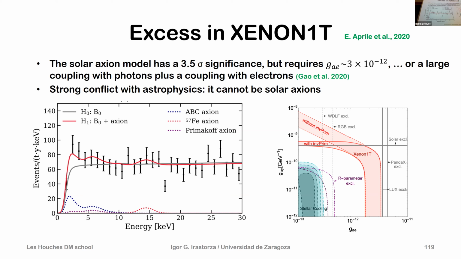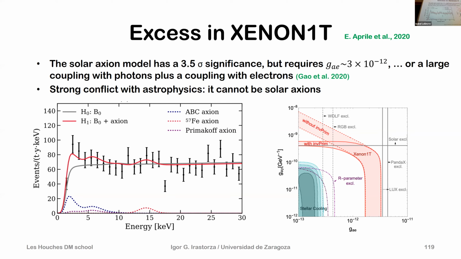So there are several combinations. So okay, this recently was very much discussed because the XENON collaboration has reported a small excess at low energy. These are the experimental points. This is their background model, and there is some excess in the first two, three bins.